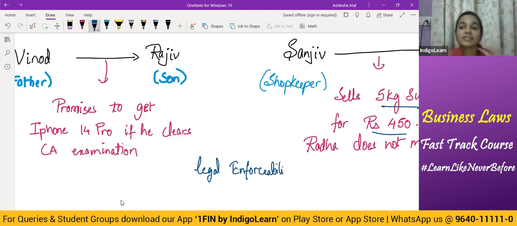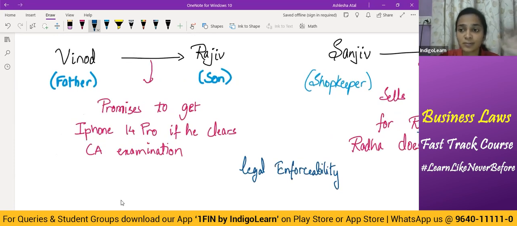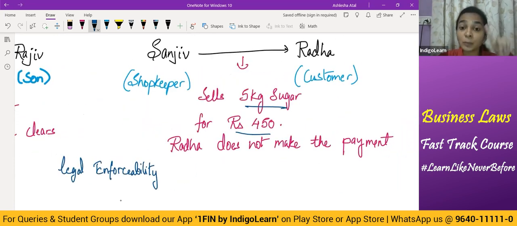However, in the other situation, there's no legal enforceability. There's no legal obligation on Vinod to get iPhone 14 Pro for his son Rajiv. However, there's a legal obligation on Radha to pay rupees 450 for the sugar which she has purchased from Sanjeev.